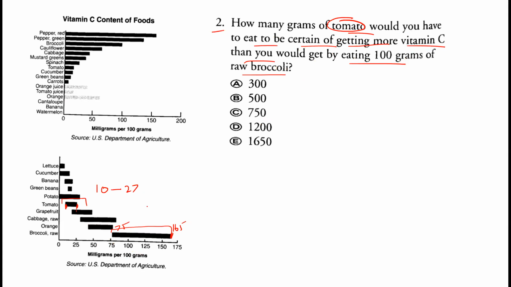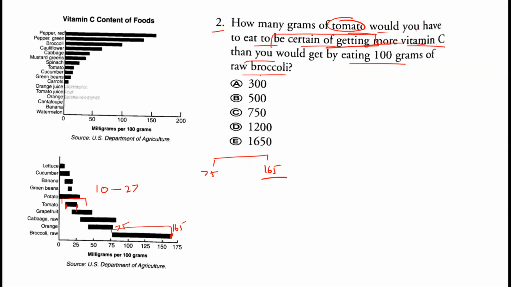Now, let's suppose if you're eating raw broccoli, this is the range from 75 to 165. Maybe you get a broccoli which has 165 milligrams of vitamin C per 100 grams. Now you need to be very careful, because this question says how much you need to eat to be certain.